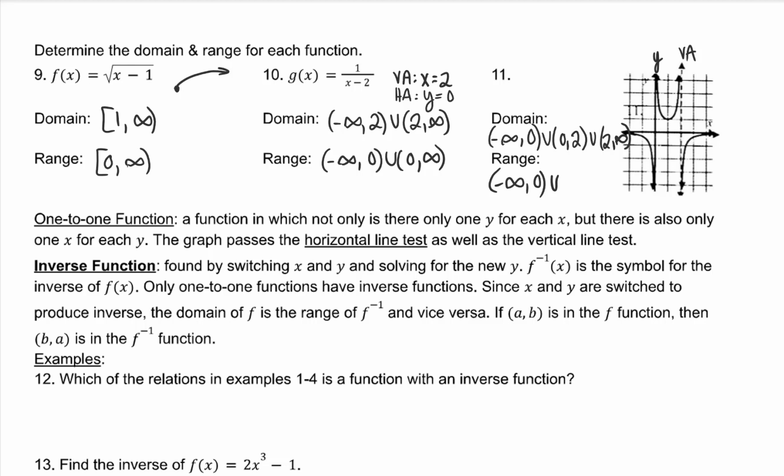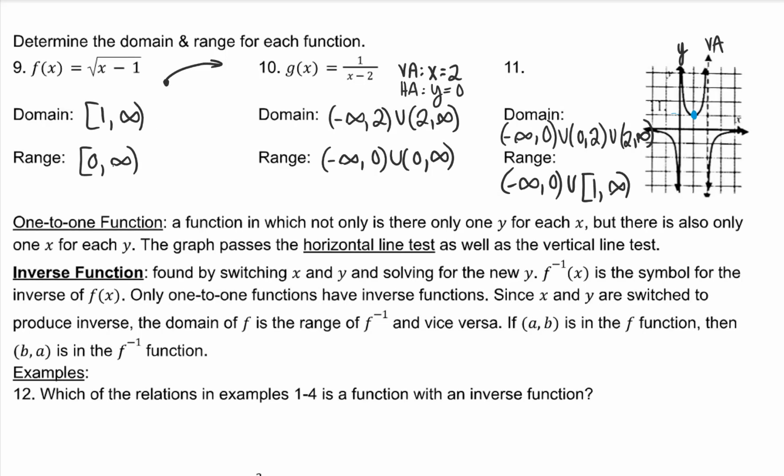Up here, the lowest value that this upper part of the graph touches is the y value of 1, and it is inclusive. It actually has a point there. So we'll go bracket 1, comma, all the way up to infinity.